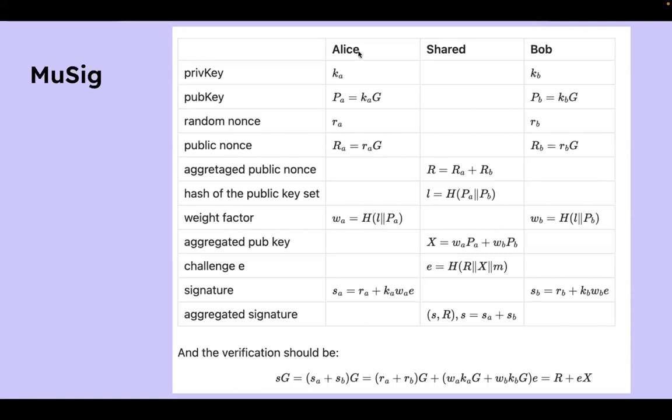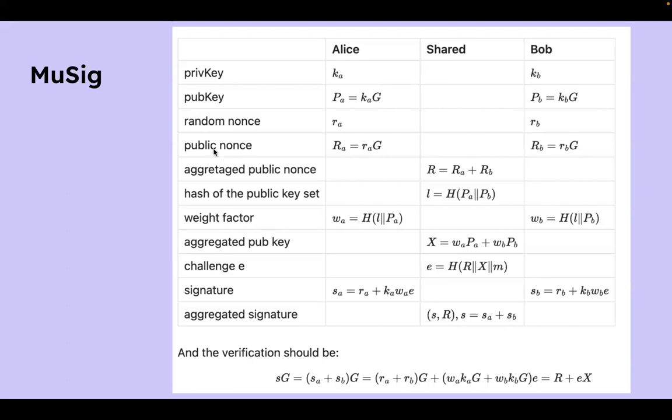Here are Alice and Bob, and they have their own private keys, KA and KB. The public key will be PA equals KAG, and Bob's will be the same. Then Alice picks her own random nonce value, small rA, and Bob also computes his own value, rB.